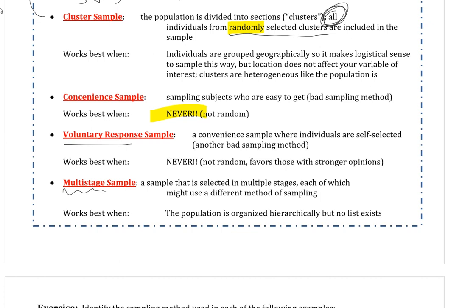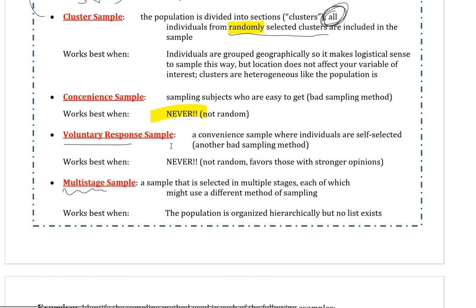So you'll very often see something like a stratified sample where we randomly select people in different groups, but then they have the choice to take part in a survey or a medical study or whatever we're doing. So that's something to keep in mind, that even though voluntary response and convenience are bad, they're very commonly done, and a lot of it is out of necessity because of ethics.